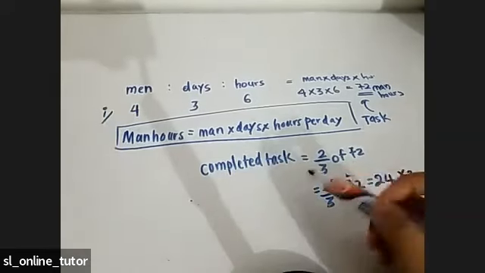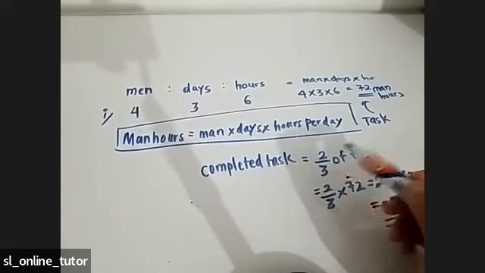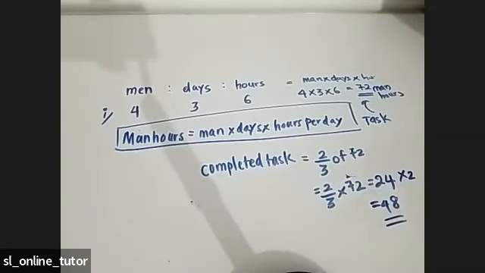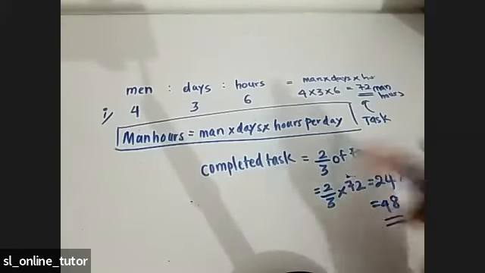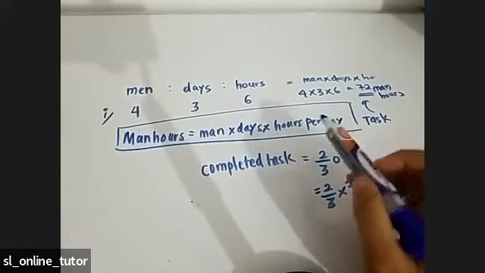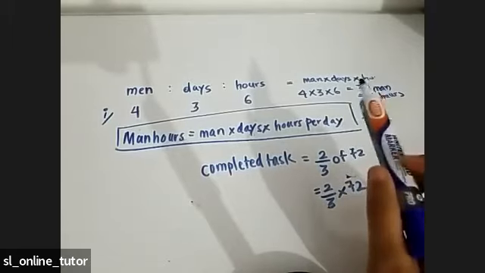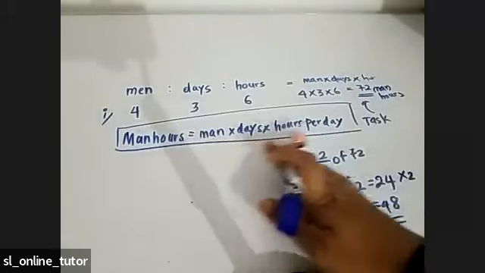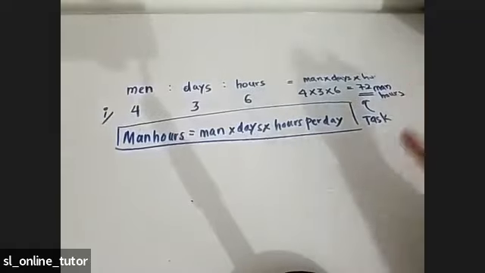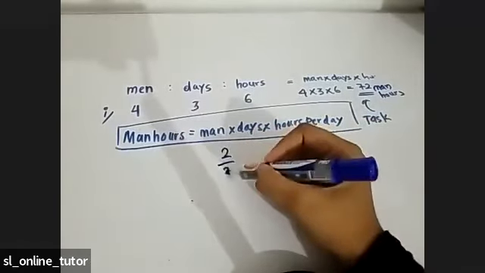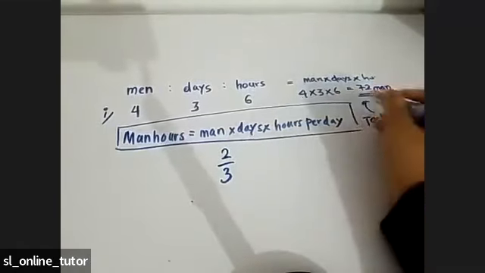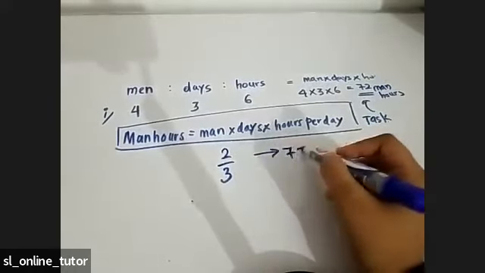The question is telling you a different story. It is telling that they completed 2/3 of it by working 6 hours a day for 3 days. Then this is not the completed task. It's already given. 2/3 is completed. That 2/3 is only this one, 72 man hours.